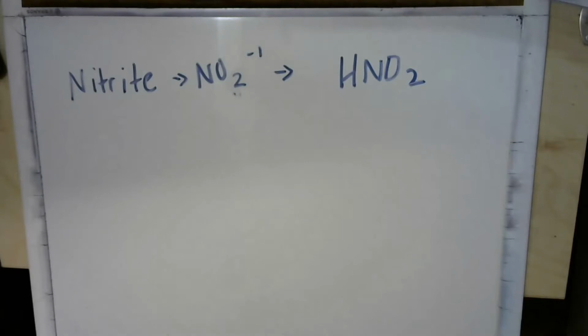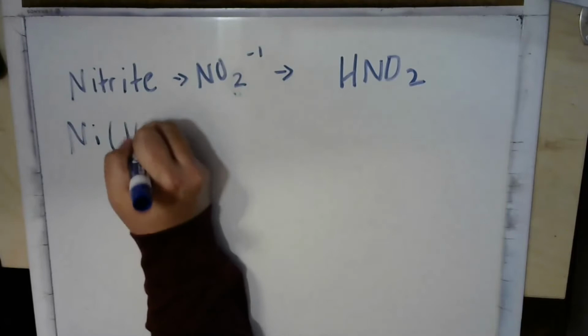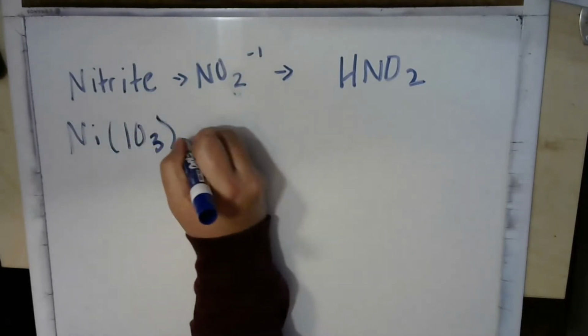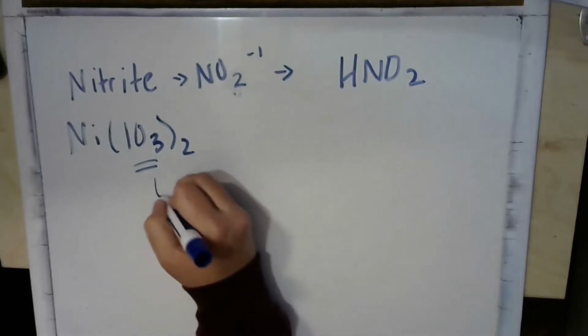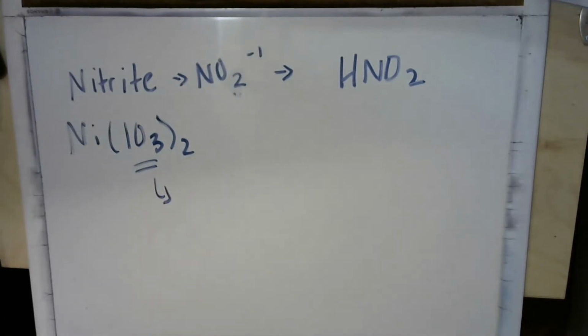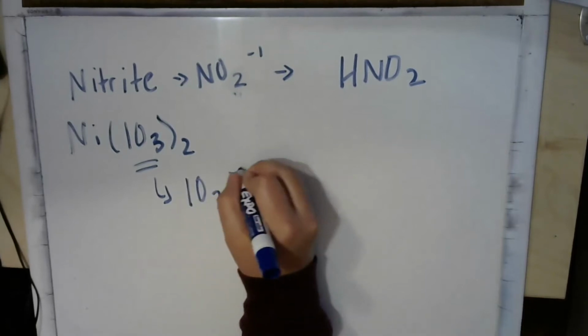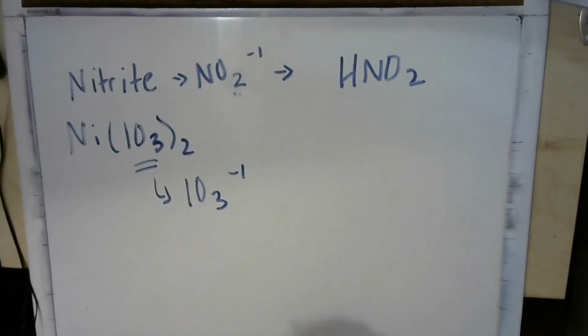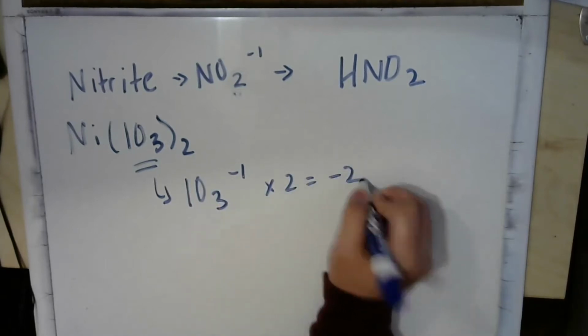Okay. If we have the formula Ni(IO3)2, what is this IO3? This is one of our oxyanions. It's IO3 minus 1. Okay, there are 2 of them. That means the total charge has to be -2.